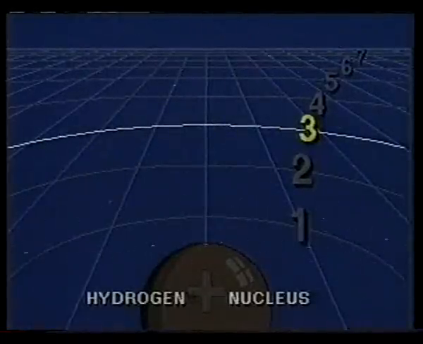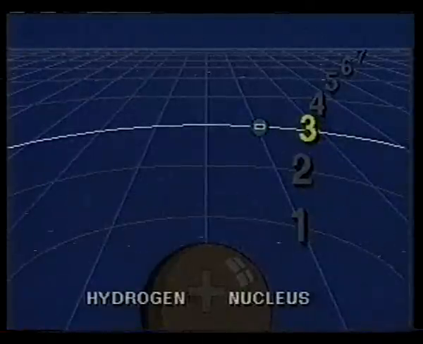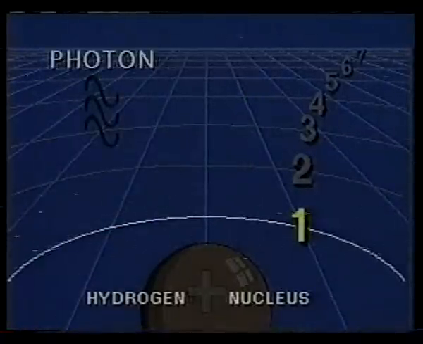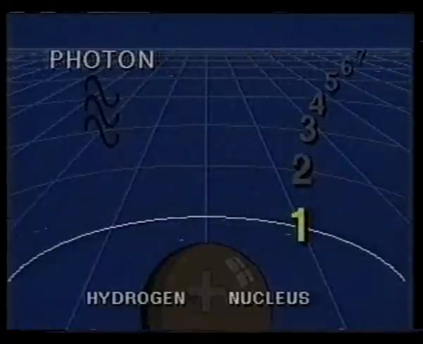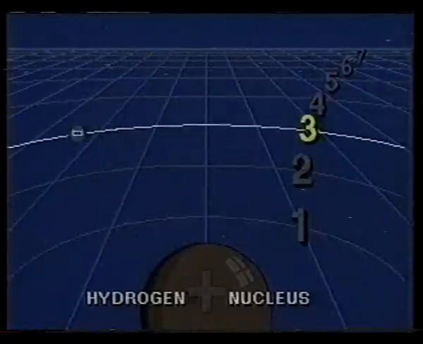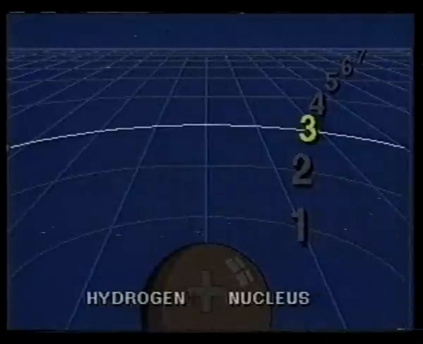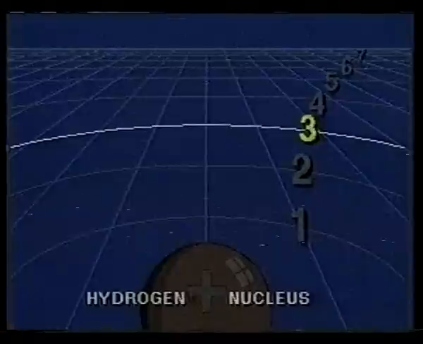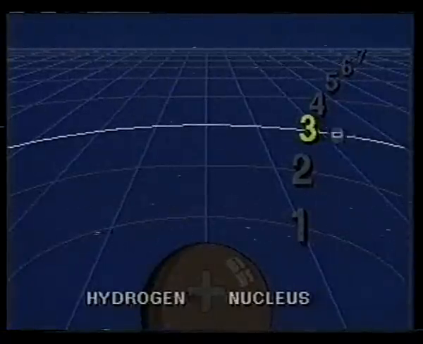Bohr's model suggests the reason. An electron can emit a particular frequency as it drops from one orbit to another. It can also absorb a photon of exactly the same frequency, which gives it the energy to jump in the opposite direction to a higher excited state.